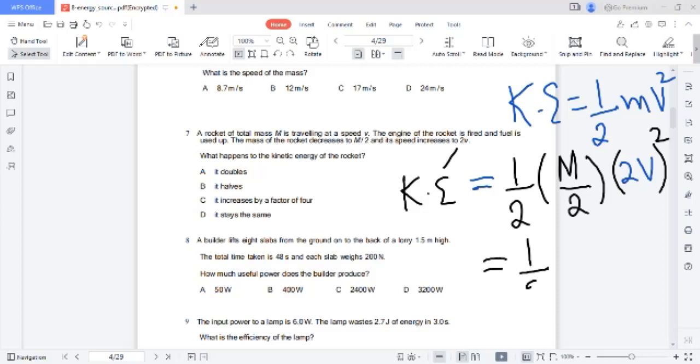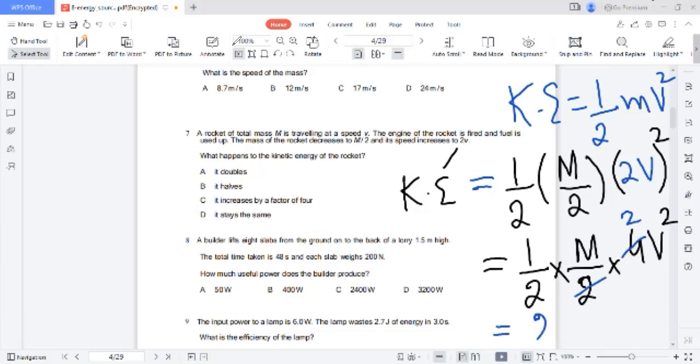So it would be half times mass over 2 and it would be 4v square. So I can cancel out this one with the 2 and then I can take 2 outside and we are left with half mv square.